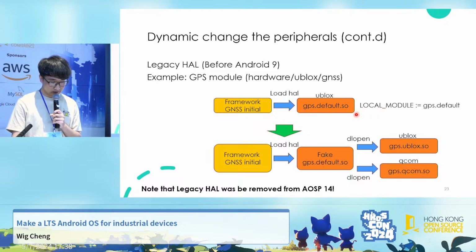Then compile the u-blox HAL driver and the Qualcomm HAL driver to implement dynamic loading using the dlopen API. But note that the legacy HAL has already been removed from AOSP 14.